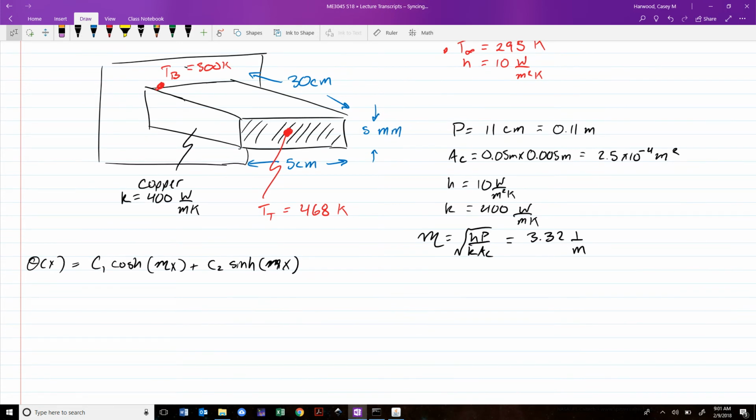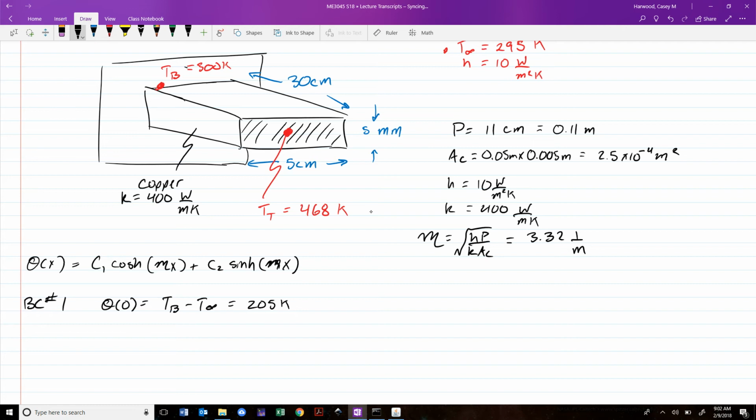Because when it comes time to apply our boundary conditions, we see number 1, which is that θ(0) is equal to T_b minus T_infinity, or 205 Kelvin, because it's 500 Kelvin at the base, 295 Kelvin out in the ambient air.